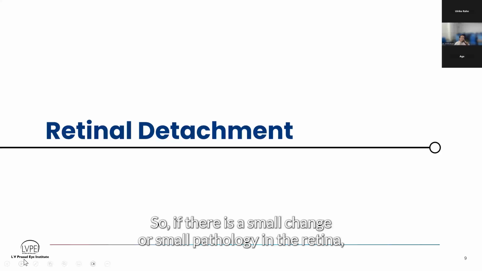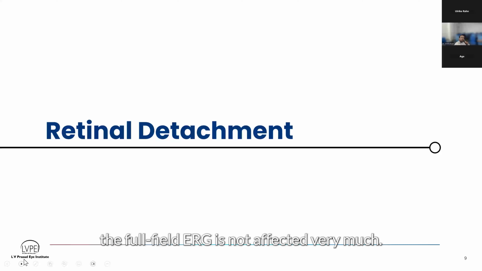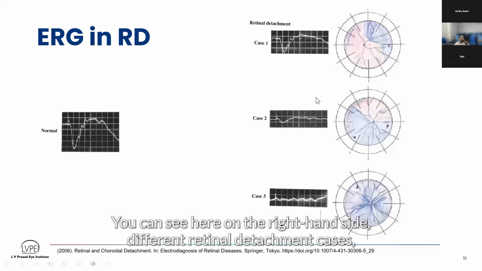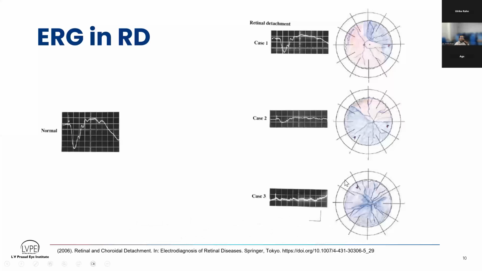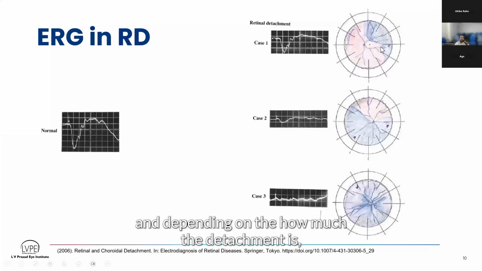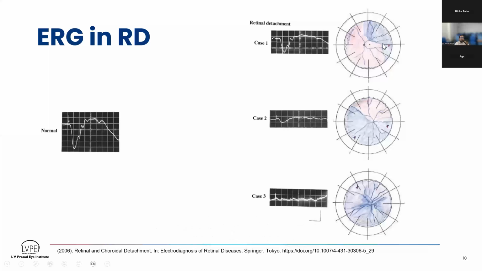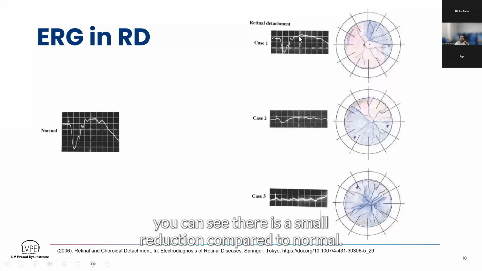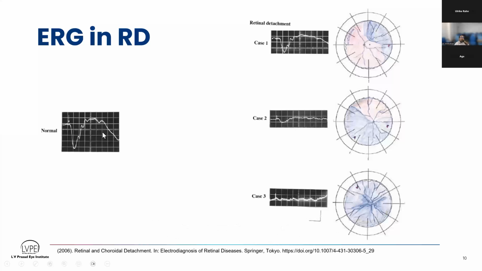So if there are small changes or small pathology in the retina, the full field ERG is not affected very much. You can see here on the right hand side different retinal detachment cases, and depending on how much the detachment is, the amplitudes are reduced accordingly. If the detachment pertains to only one quadrant, there is a small reduction compared to normal.